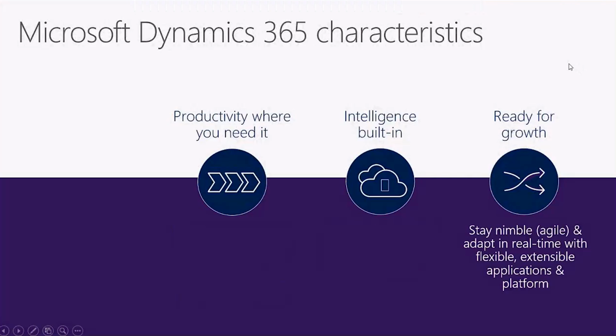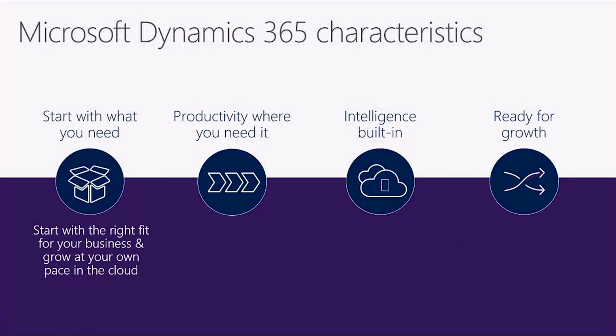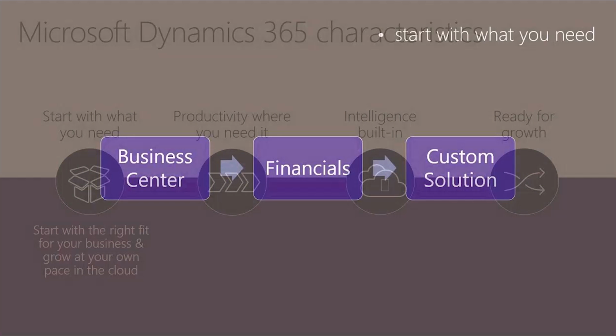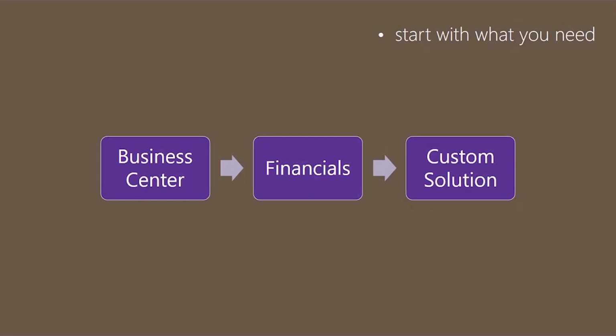And of course, the most important thing is that it's ready for growth. You can start with a small solution and then grow as you grow your business. And with that, of course, it means that you can start with what you need. And I put it in a picture. At the moment, in the US, there's a new product called Business Center. And that is a new addition to the Office 365 product family.